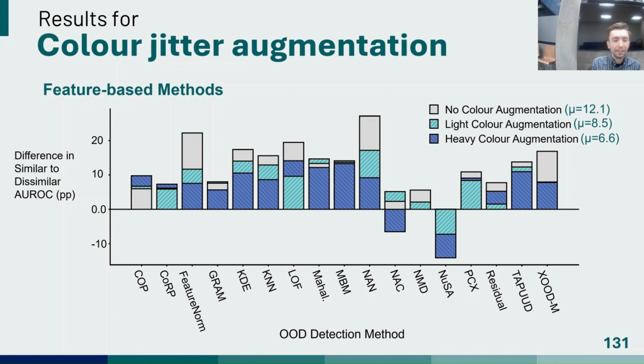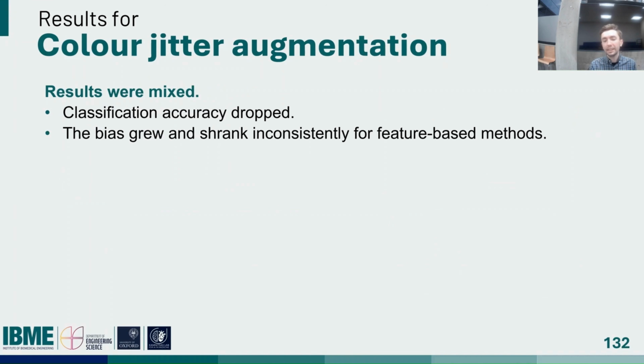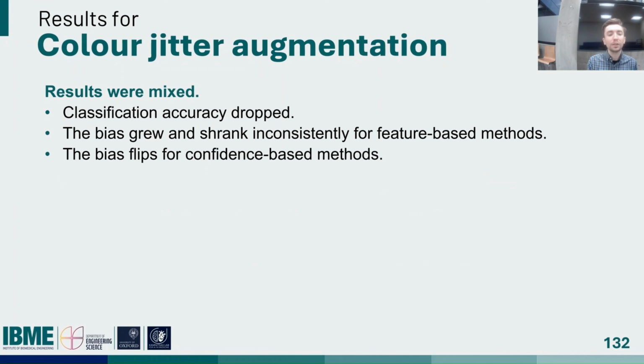What we find is that the results were mixed. Classification accuracy dropped for these color augmentations, and the bias grew and shrank inconsistently for feature-based methods. And we did find that the bias flips for confidence-based methods, but this was mainly due to drops in the similar AUC, which is not improving the reliability of the model.